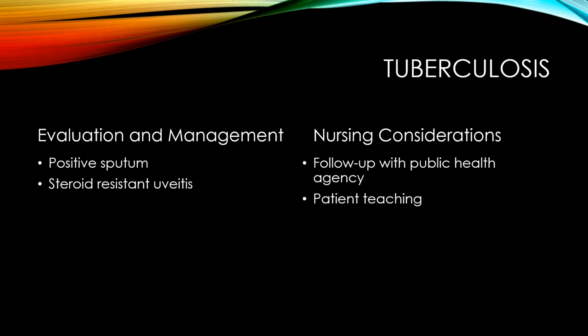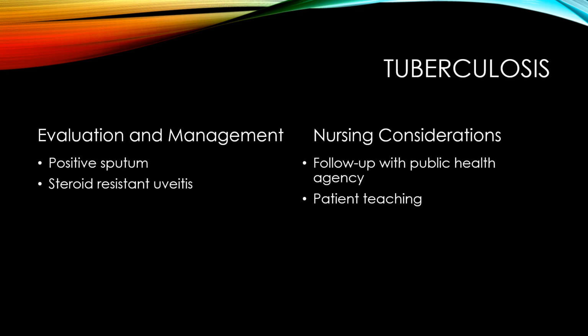So, tuberculosis, again, direct and indirect ophthalmoscopy are used to evaluate ocular complications. In general, a positive sputum test or tissue test for Mycobacterium tuberculosis indicates presence of the disease. Diagnosis of ocular tuberculosis is based on indirect evidence.